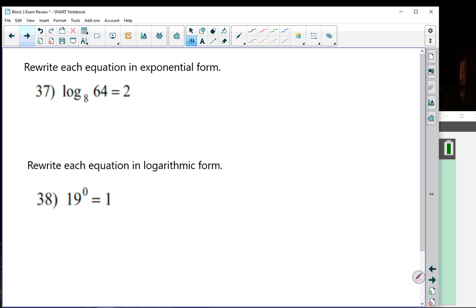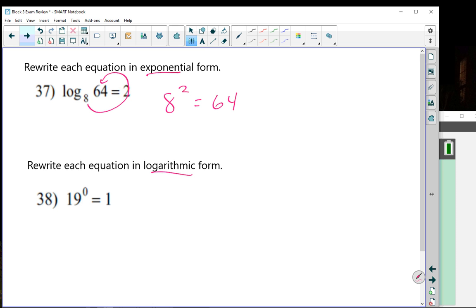How do I do this? You just do the arrow in the circle. What's my base? 8. So I'm going to start at 8. I go through the 2 back to the 64. So 8 squared basically equals 64. Pretty simple, right? Okay. So you're going to exponential form, gotta look like an exponent.